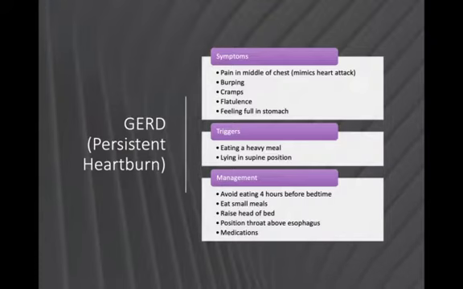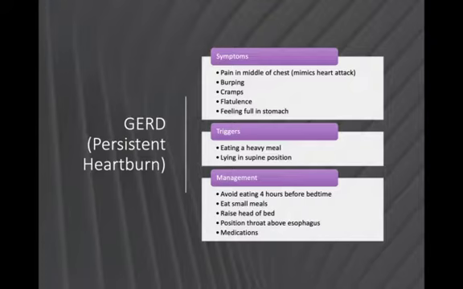So, GERD is persistent heartburn, and this can mimic a heart attack, which can be challenging, right, from that medical emergency standpoint. So sometimes we have to help a patient determine what's happening exactly.